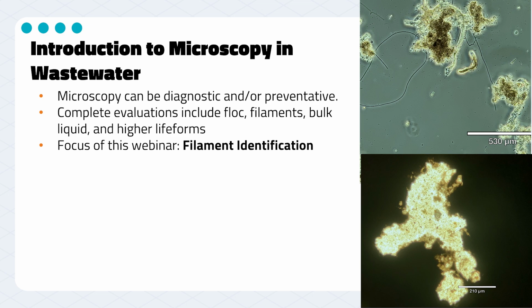All of these things play a role within identifying what sort of issues can be taking place within a system, or what sort of things could potentially happen within a system. But for today's webinar, our primary focus is going to be on filament identification and exploring some of those filaments, what sort of issues they can cause, and what sort of ways they manifest within a microscopy sample.